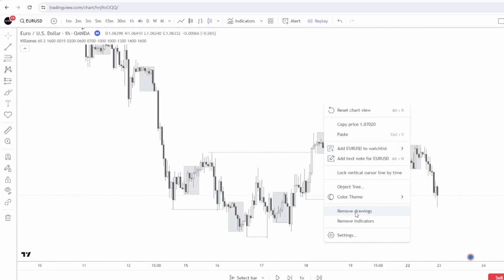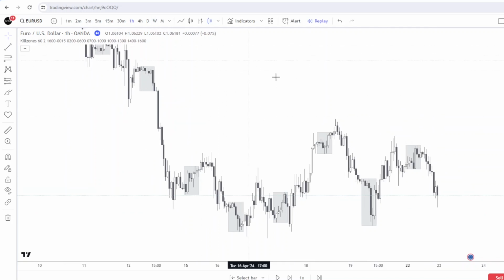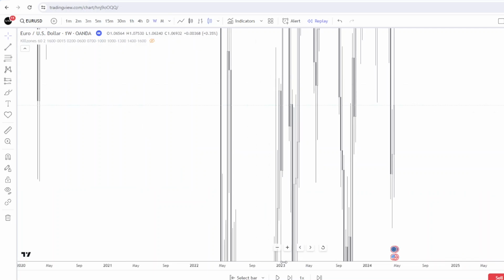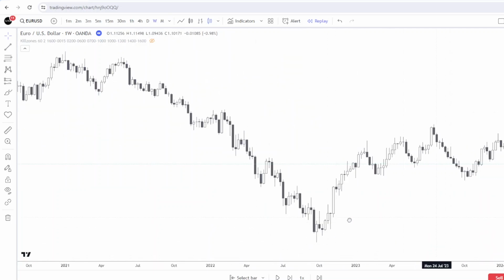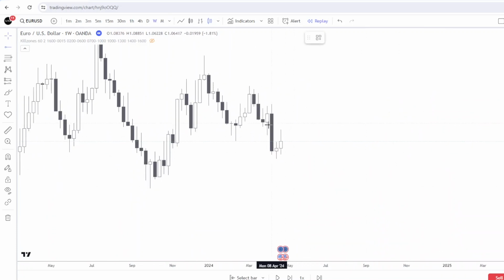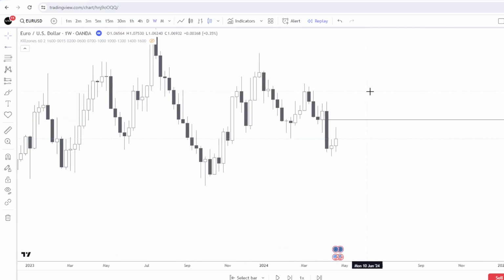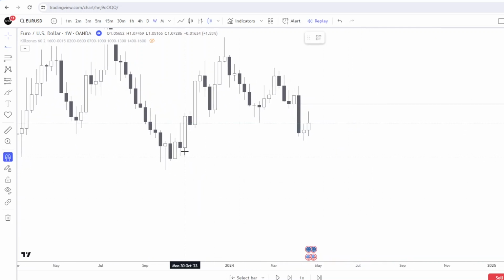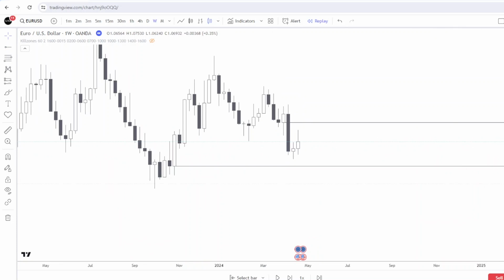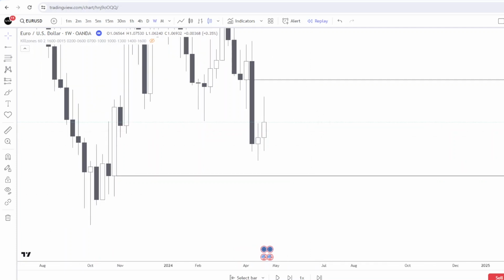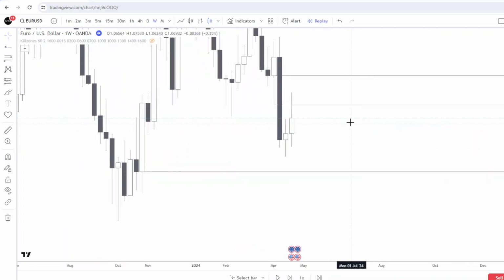So for a start, I'll remove all the drawings and go to my high time frame, what I was looking at. So I went to my weekly, as it was a new week, to see where price action was likely to go. So as you can see, we have our key level here, the body of the order block, and we also have this key level, unmitigated wick, and this was another key level I was looking at.